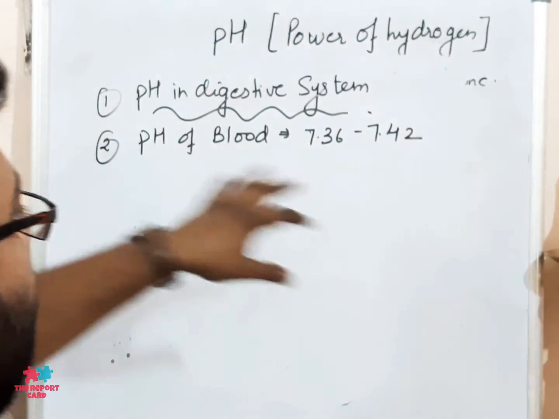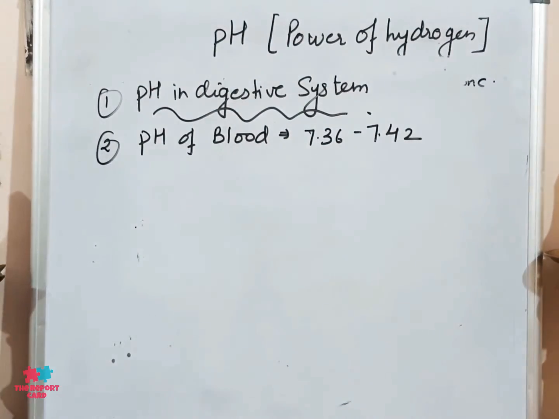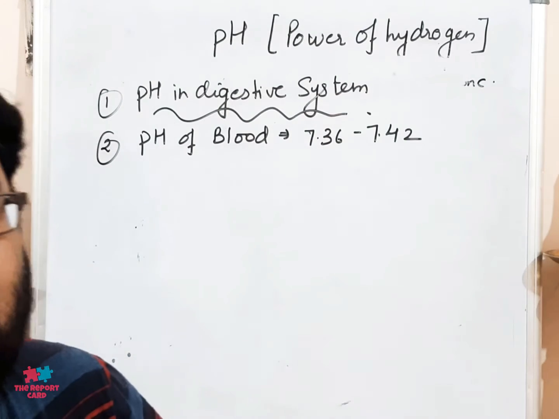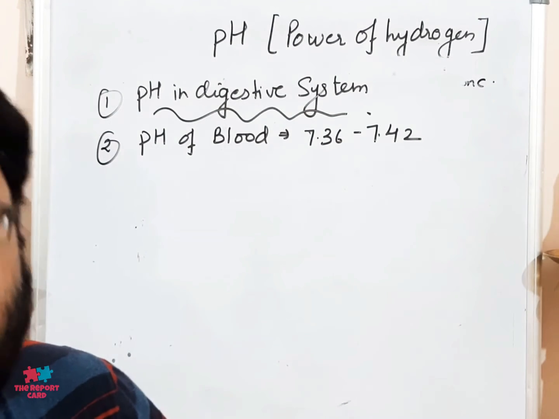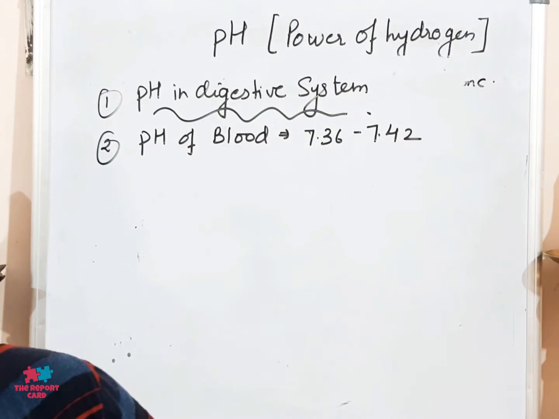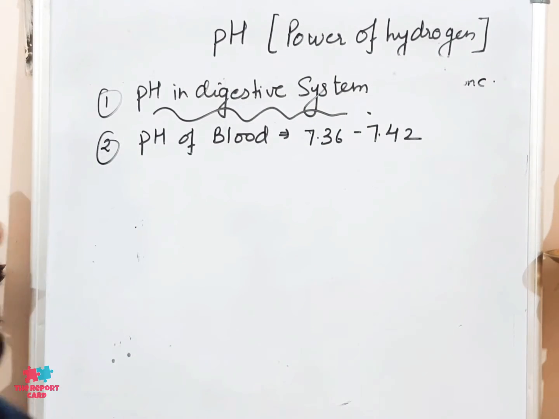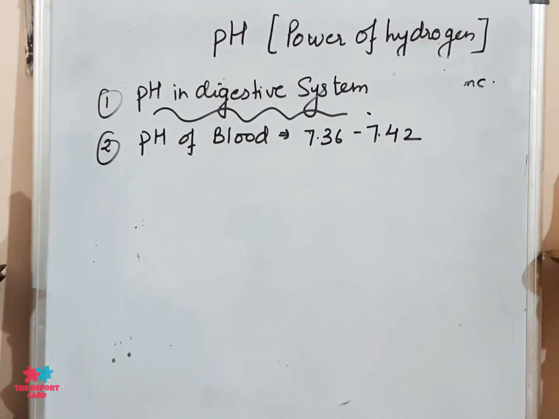So the pH of the blood has to be maintained in the body. There is something called buffer action, which you will be studying in higher classes. That buffer action basically maintains the pH of blood.